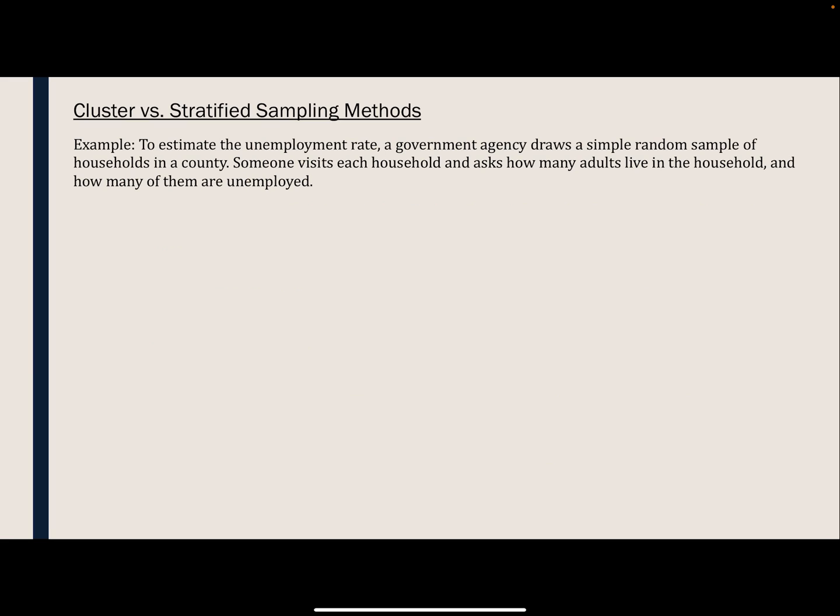You randomly select the groups and then survey everyone within that group. Whereas with a stratified sample, you have homogeneous groups and you are randomly surveying from every group.